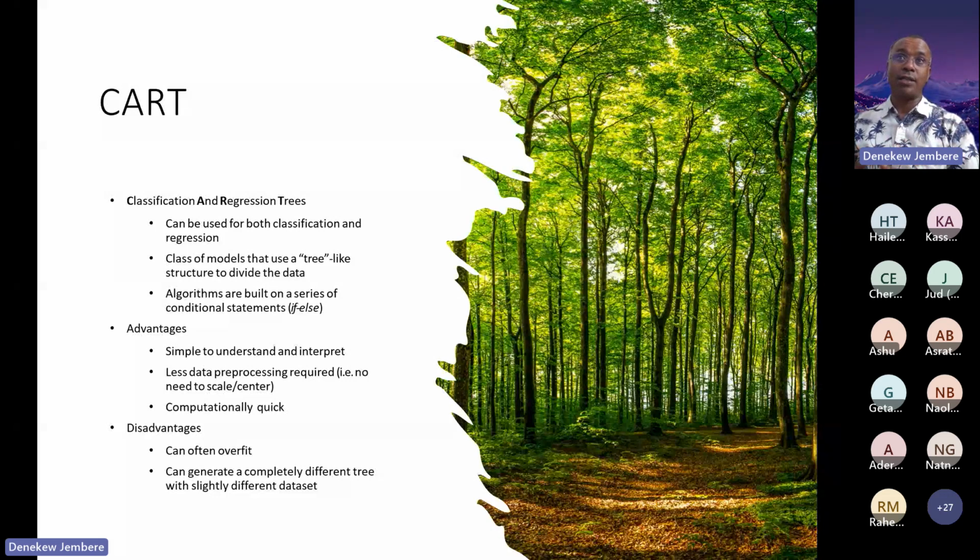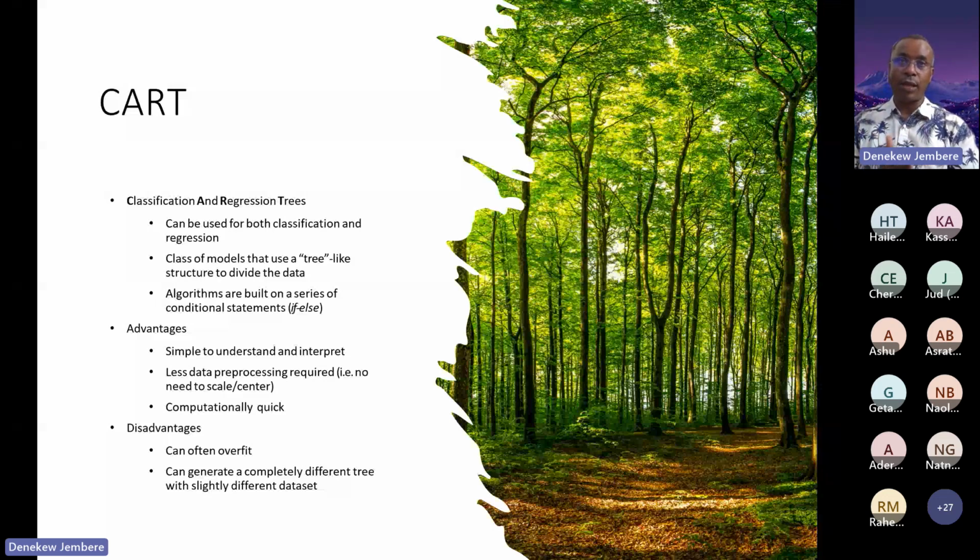And the disadvantage is potential overfitting. Since they are very simple, they can easily overfit. They can also generate a completely different tree with a slightly different data set, because since it's conditional, it basically cuts at a given point.